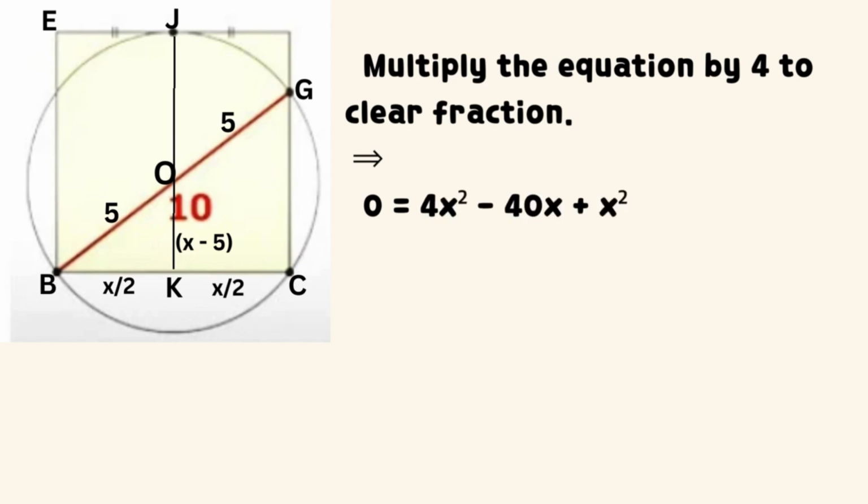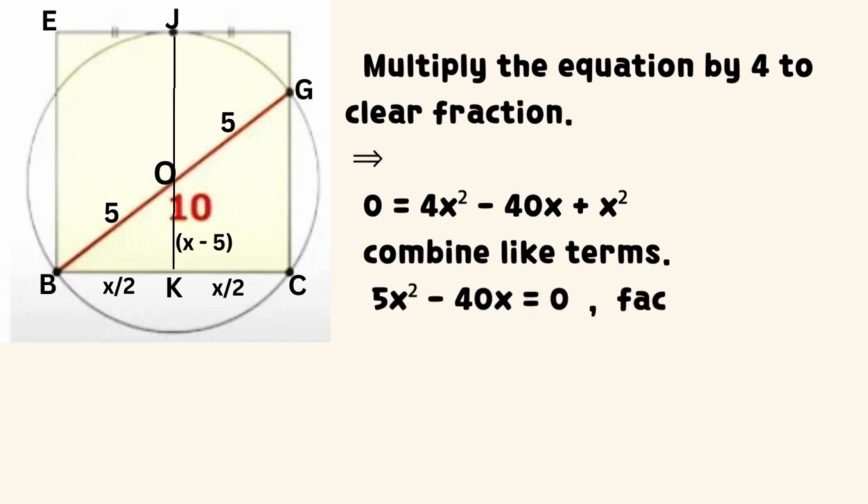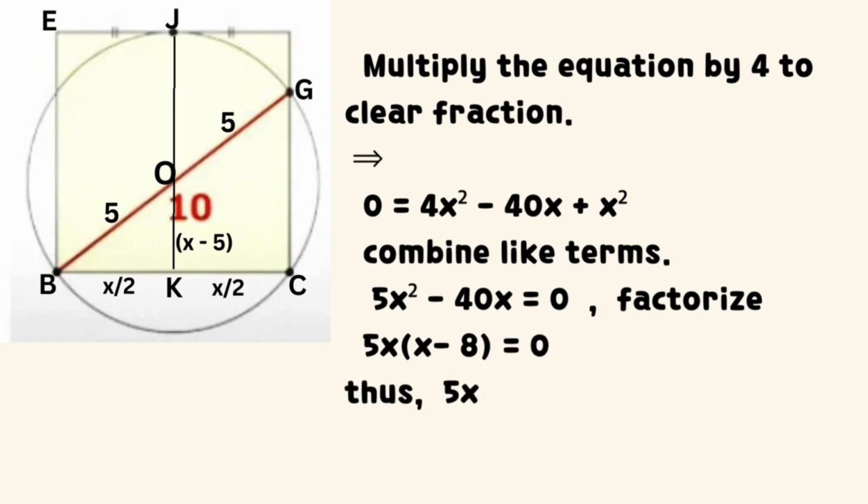Multiply the equation by 4 to clear fractions. It implies that 0 equals 4 times the square of x minus 40 times x plus the square of x. Combine like terms and factorize. We have the product of 5 and x, and x minus 8 equals 0.